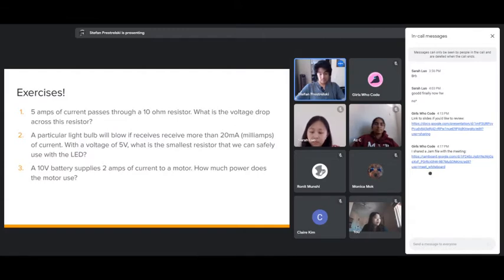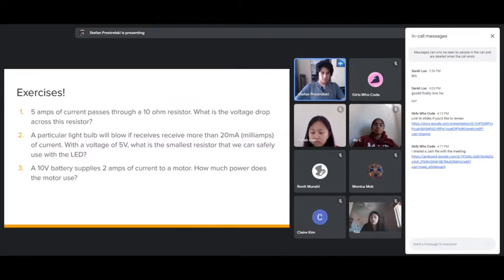Okay. Now, next question, question 3. We have a 10-volt battery supplying 2 amps of current to a motor. How much power does that motor use? Well, we have the current, we have the voltage. To get power, P equals IV.